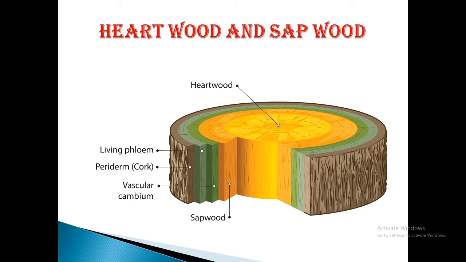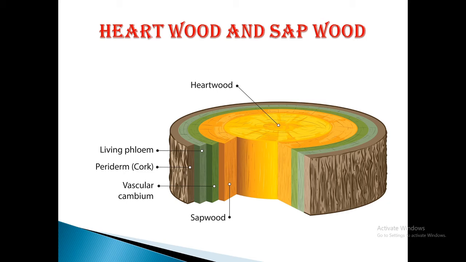Some trees do not have clear differentiation of heartwood. Others possess thin sapwood and still others possess thick sapwood. In the outer portion, a bark-like structure is formed, and this is called the periderm, or the cork layer.